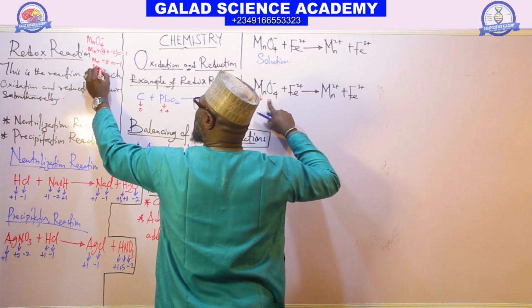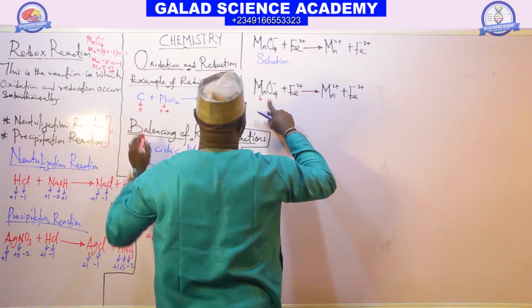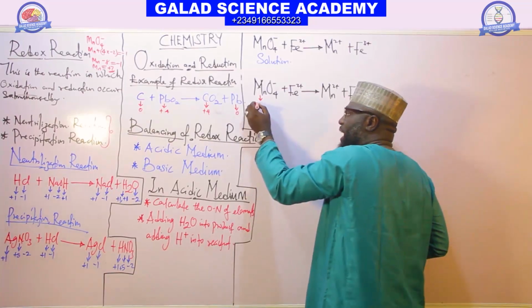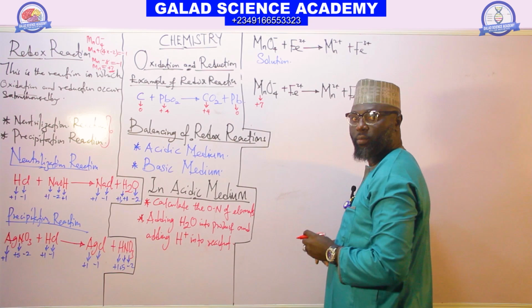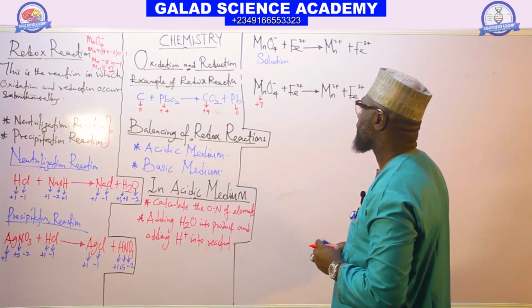So Mn minus 8 equals minus 1, so Mn equals plus 7. So manganese here is plus 7.